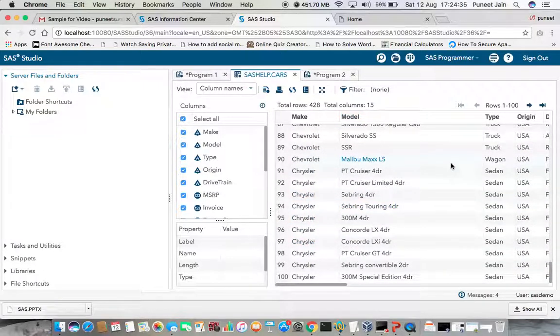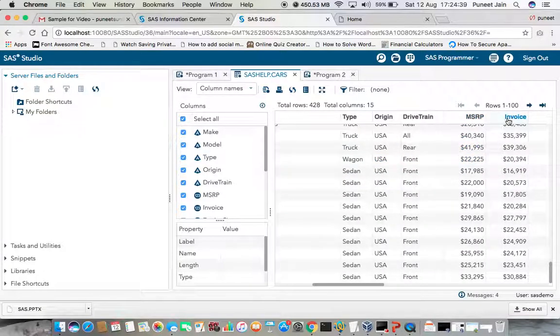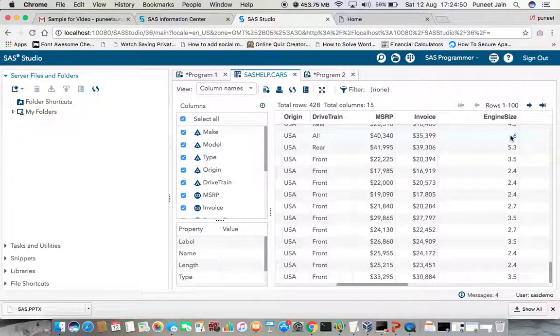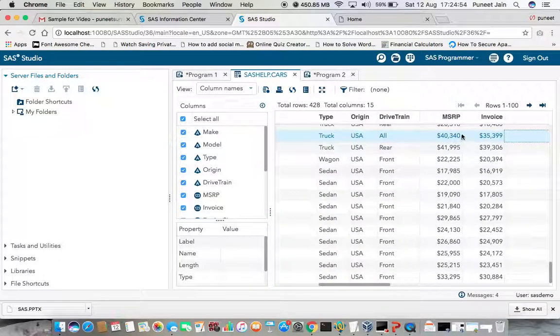We have models, we have types, we have origin, we have drive train, we have maximum retail price, we have invoiced price, that means the price at which the company is willing to sell, and the price at which the company sold the car to customers. The engine size, it's 6000 cc, that's a pretty big car. Which car is this? That's Chevrolet, nice.